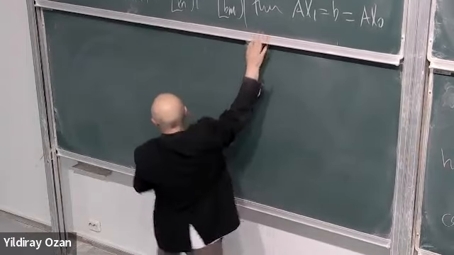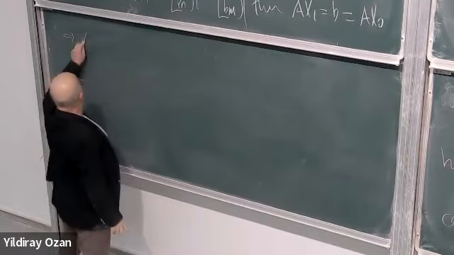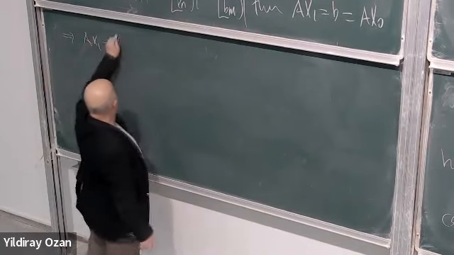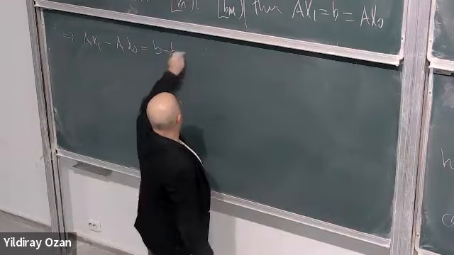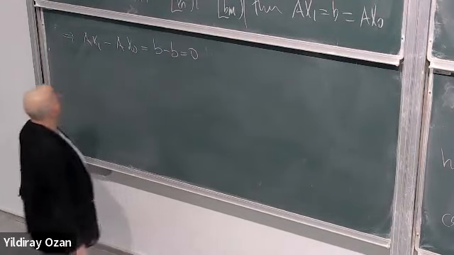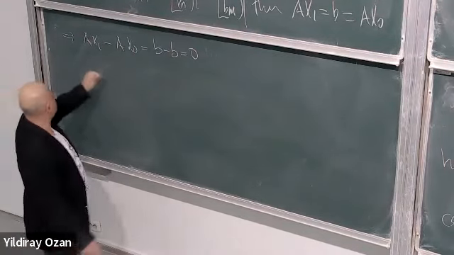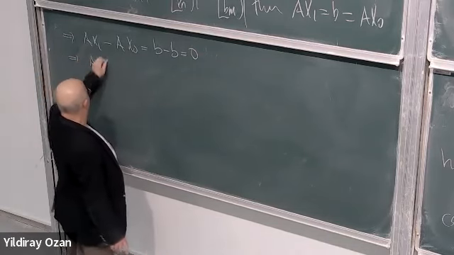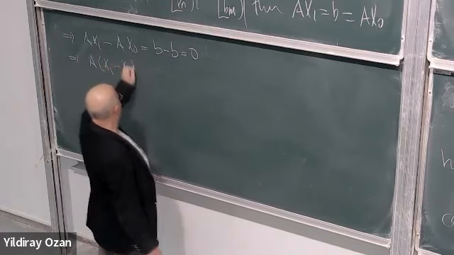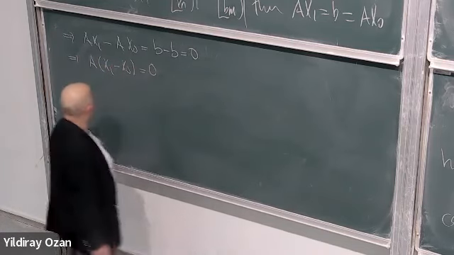Well, from this, we see the following. Ax1 minus Ax0 is just B minus B, which is 0. And from this, we see that A(x1 minus x0) is equal to 0.